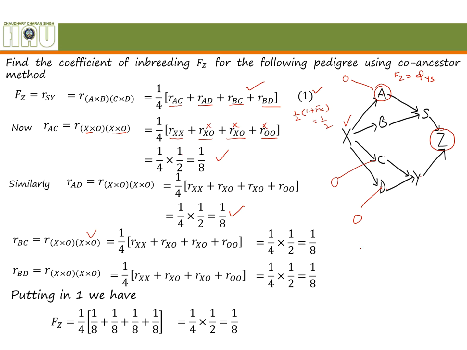Also, if two parents are unrelated, say A and B are unrelated, then the correlation between these two is 0. And the correlation between a parent and itself is 1 plus F of X by 2. So as usual, these are the two main formulae which I have used in these examples.